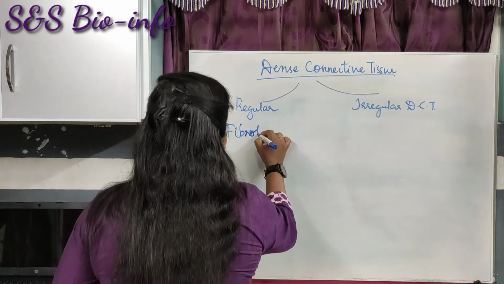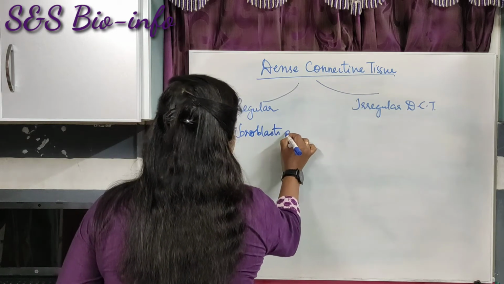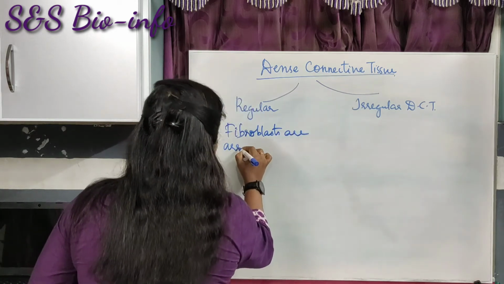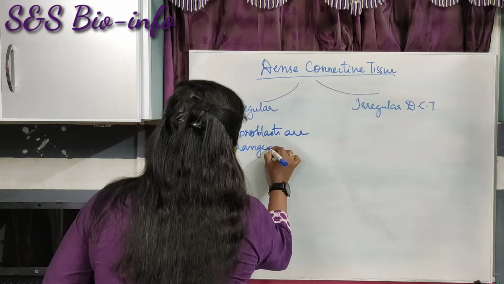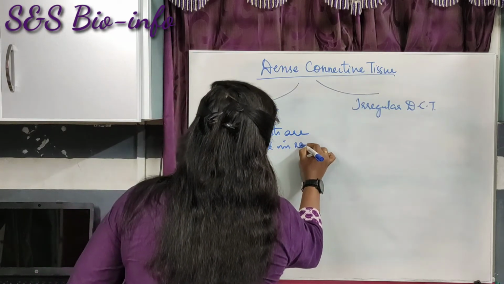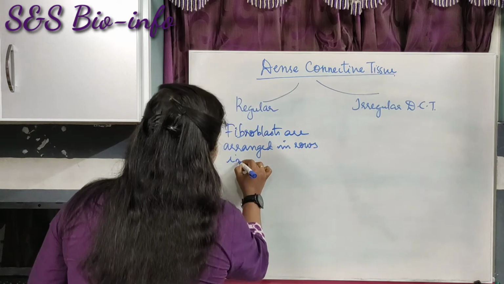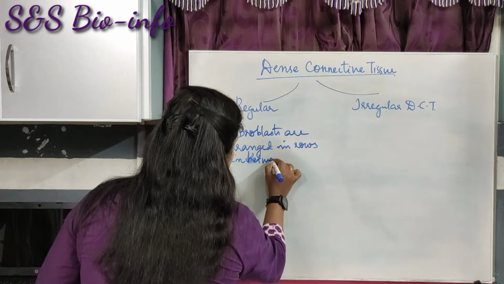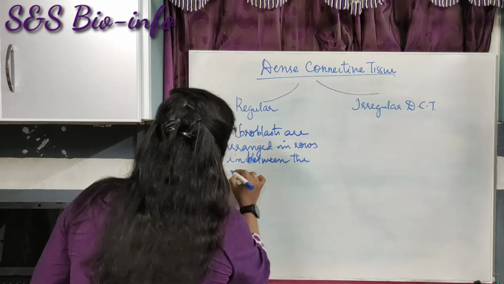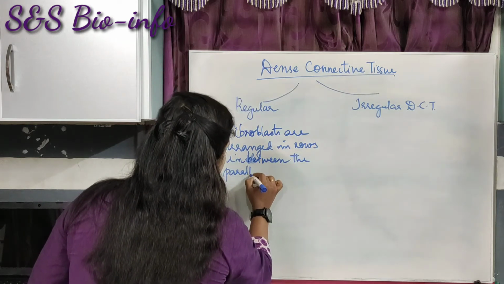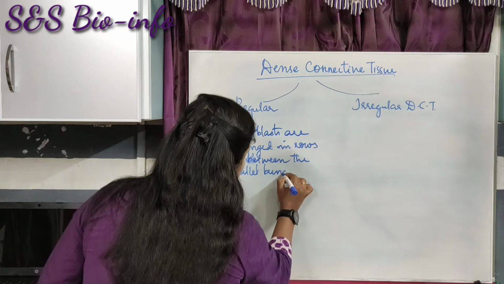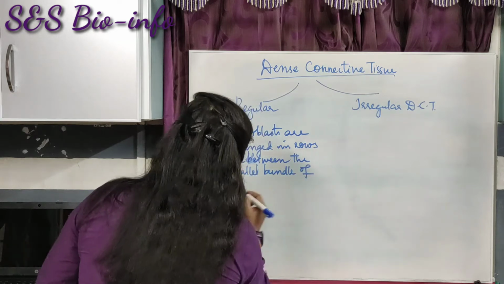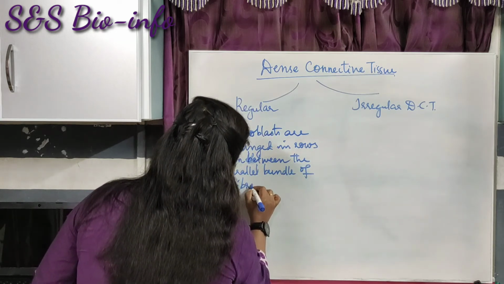The fibroblasts are arranged in rows in between parallel bundles of fibers.